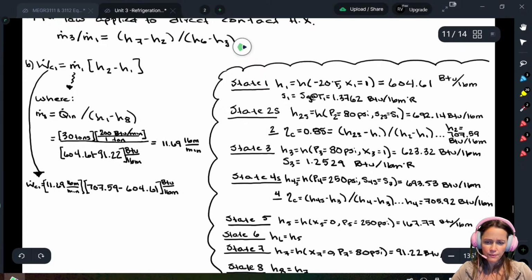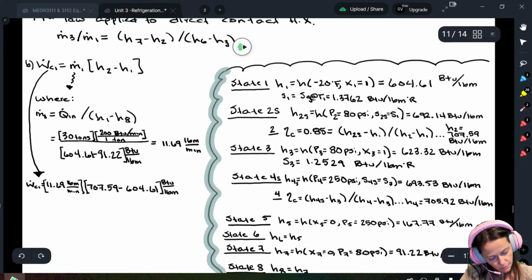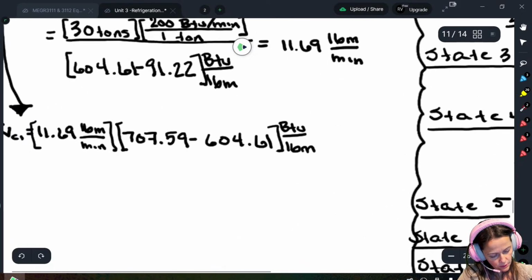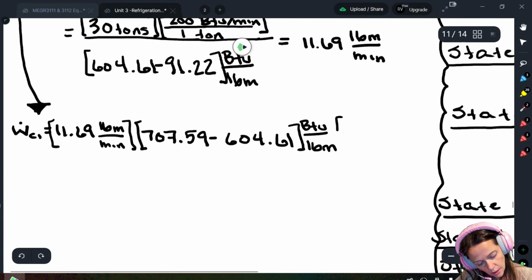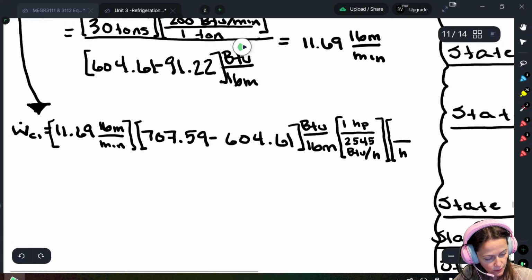Then I have some unit conversions to put it in terms of horsepower. 1 horsepower is 2545 BTU per hour, and an hour is 60 minutes.